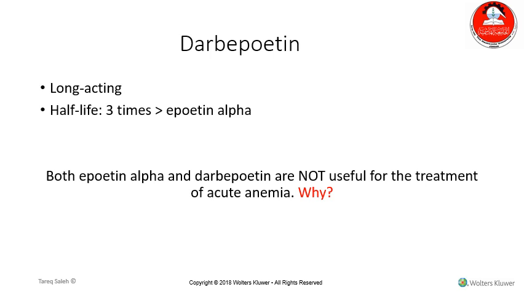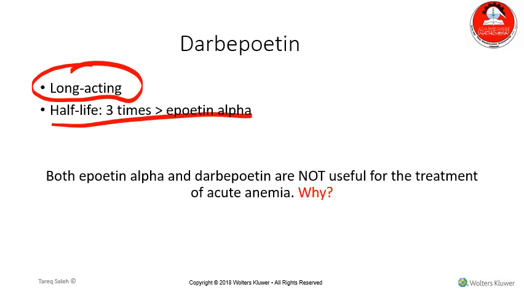Now, on the other hand, darbepoetin is a long-acting analog of erythropoietin that has a longer half-life, meaning that darbepoetin can be given less frequently to patients than epoietin alpha.